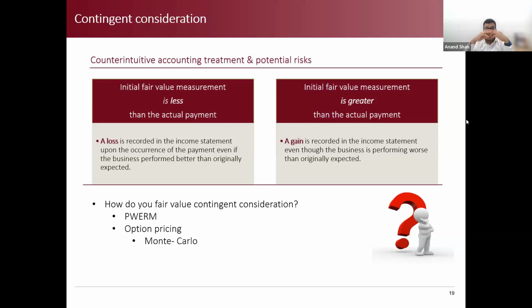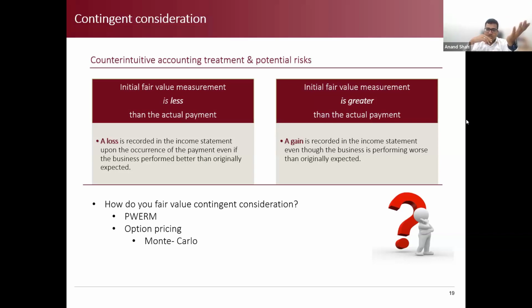It essentially means that the company has done very well compared to what we estimated at the time of recognition. However, because my contingent consideration recorded is lower than what I have to actually pay, the difference is recorded as a loss in your income statement.